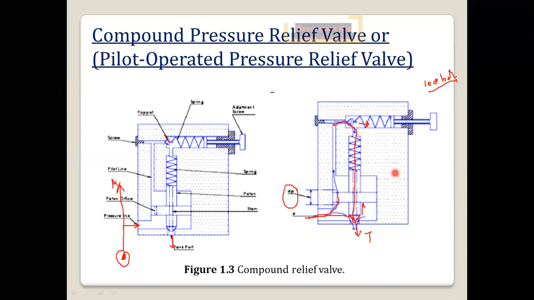So this is about the compound operated pressure relief valve.